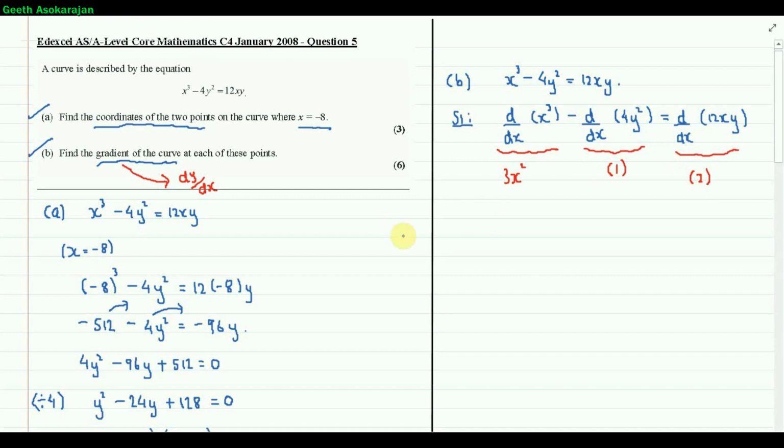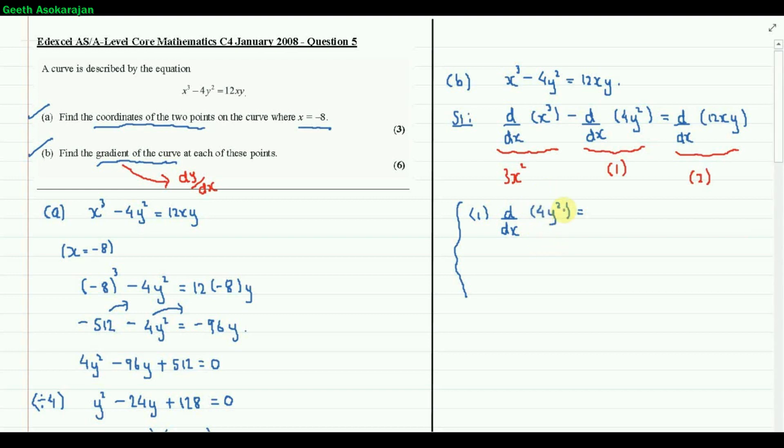So if I go back to blue, let me do a side calculation of number 1 firstly. So we need d by dx of 4y squared. Again, if you're unaware of implicit differentiation, I'll provide links to the videos explaining the method along with examples in the description below.